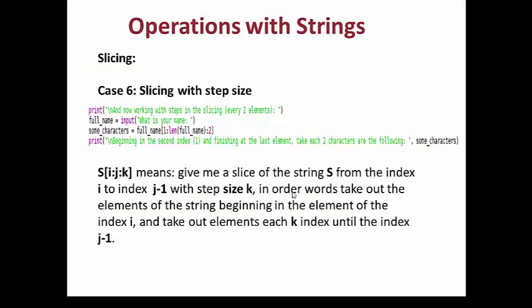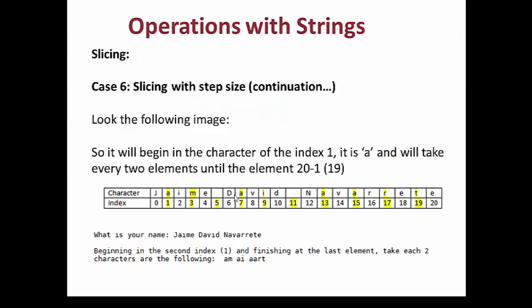In other words, it means take out the elements of the string beginning at index i, taking every k-th index until index j minus 1. It means something like this.